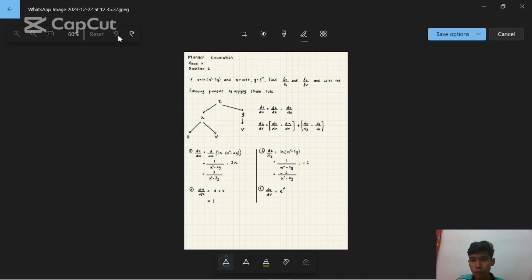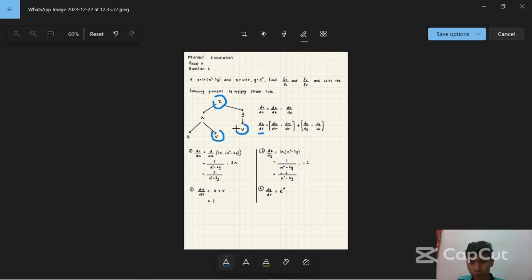For the second one, the partial derivative of z with respect to v, we have to look at our tree diagram where we have z and v. We have z here and v we have two, which is from the variable x and from the variable y. So the first one, we look at z to v here.